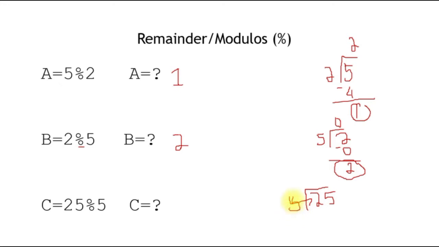Okay, wait lang. 25 divided by 5. Ilang 5 ang meron sa 25? Merong 5. 5 times 5, 25. 25 minus 25 is 0. Okay? So, the answer is 0. Nagets na po ba ninyo?